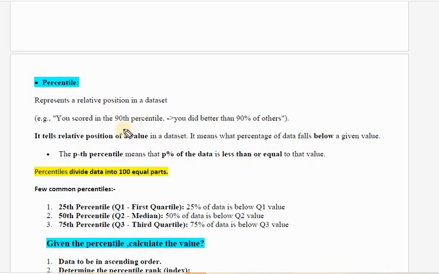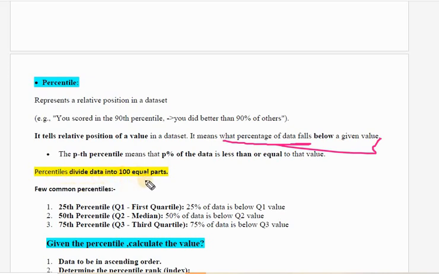That's the meaning. So percentile tells the relative position of a value in a data set. It means what percentage of data falls below a given value. If you see the example, we will have more idea on this.